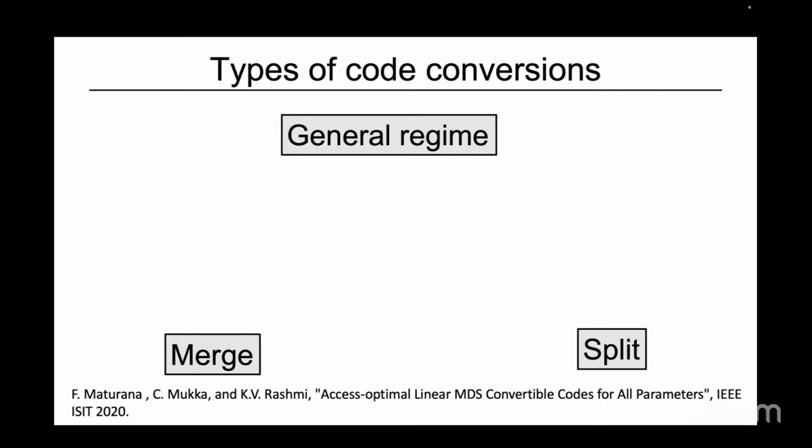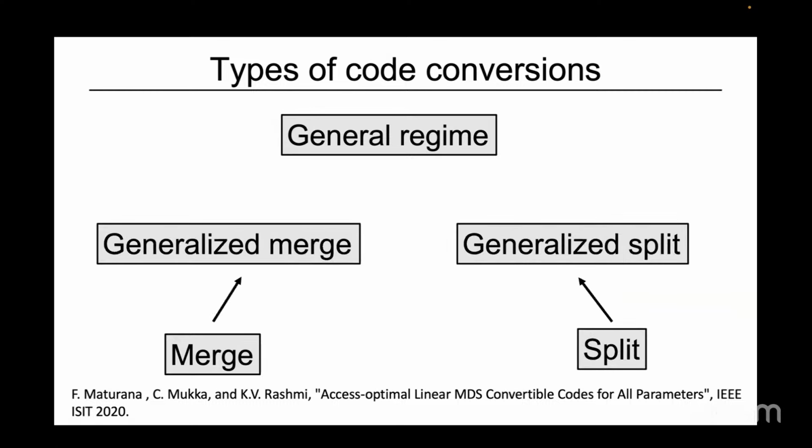And split is you start from one code word and split it into multiple code words. And then generalized merge and generalized split, which are, as the names suggest, generalized versions of merge and split, where it allows, for example, in the merge regime, the multiple code words which are merged to have different parameters. And similarly, generalized split allows the final code words after split to have different parameters.